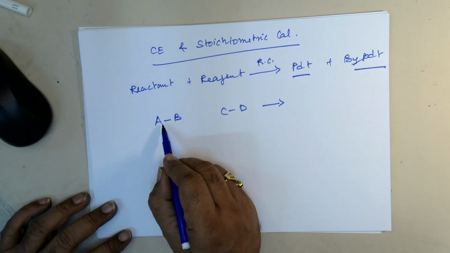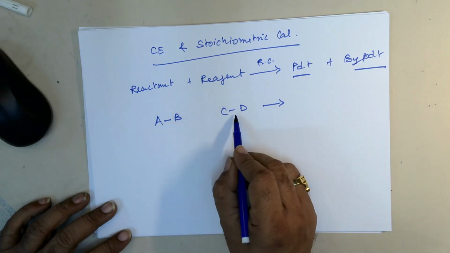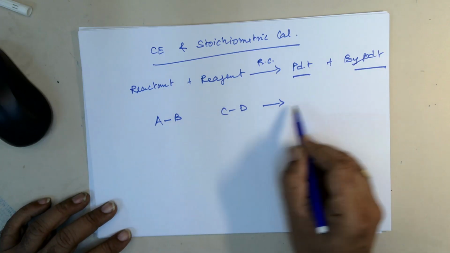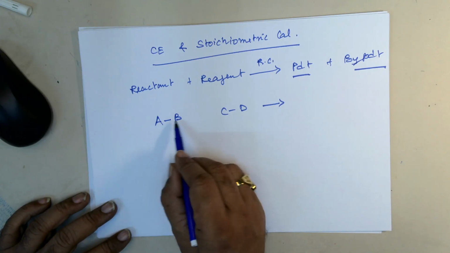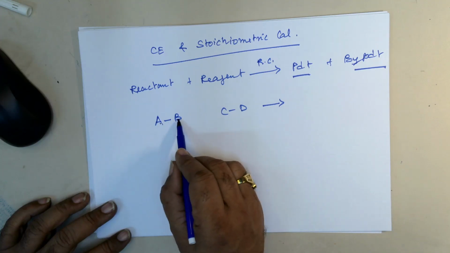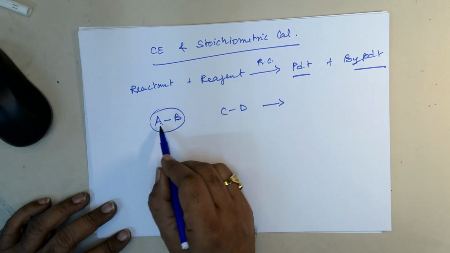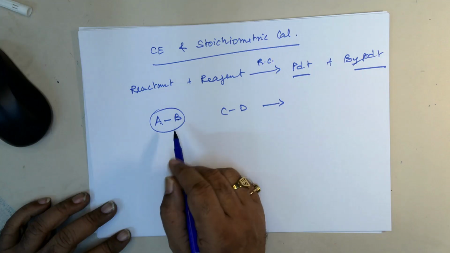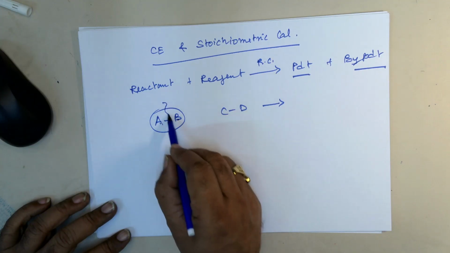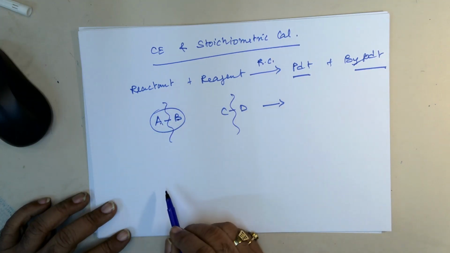So we have a reactant AB and the attacking reagent CD. Now, the chemical bond between these two elements that form the molecule is cleaved here.